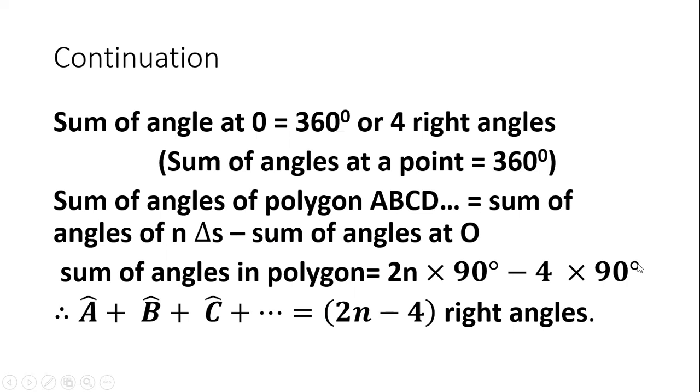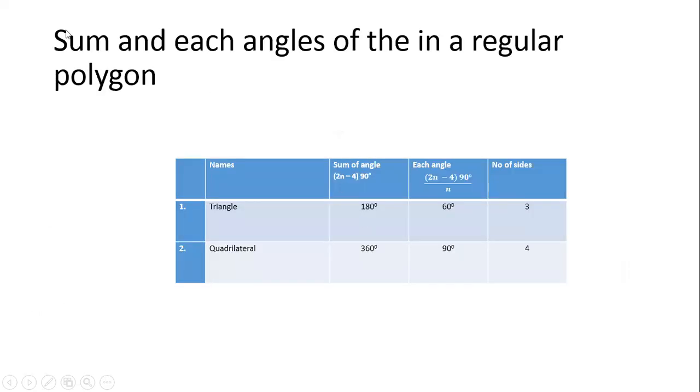Factorizing that, that will be 90 degrees times (2n minus 4), where 90 is a right angle. Therefore, angle A plus angle B plus angle C plus angle D plus dot dot dot up to the nth angle will give us (2n minus 4) right angles. End of proof.